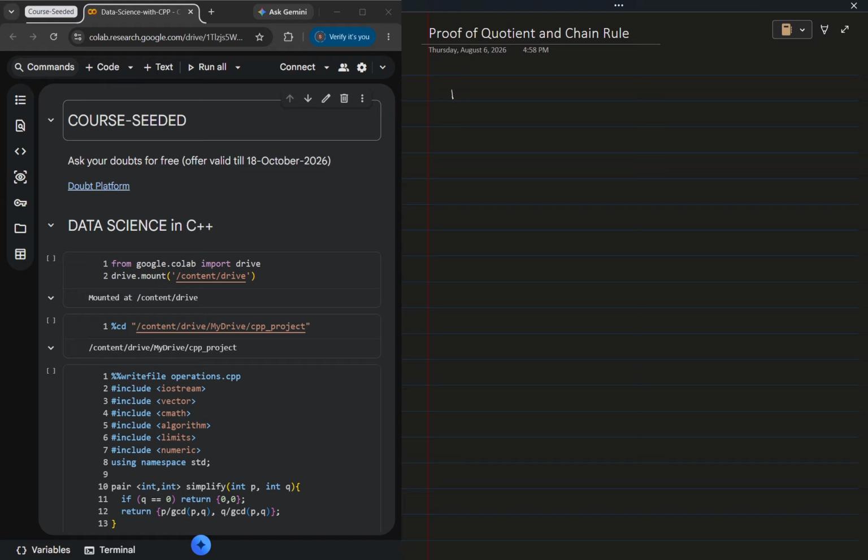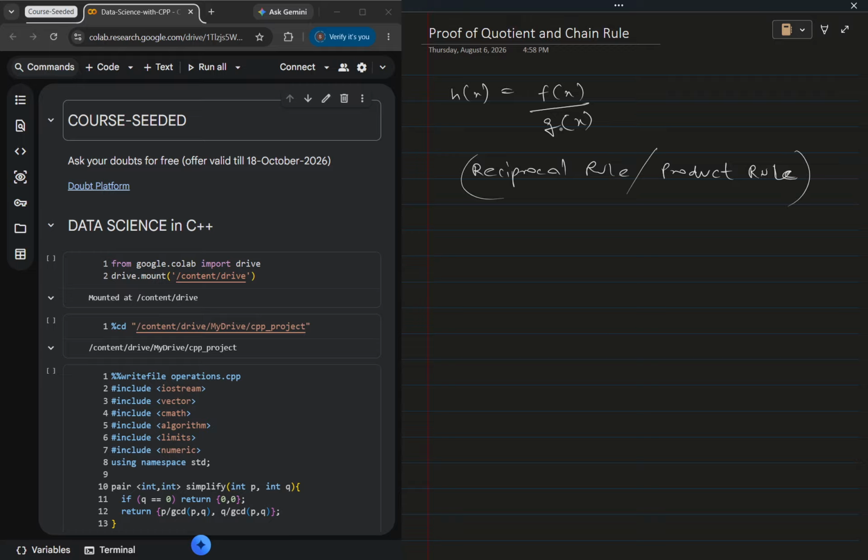Let's say we have a function h(x), which is f(x) by g(x). If you remember, we have already proved two of the rules: the reciprocal rule, and the second one, the product rule. We proved the product rule in the last lecture, and the reciprocal rule before this.